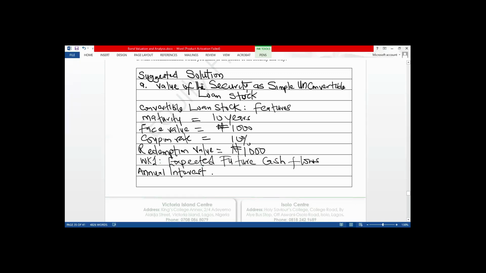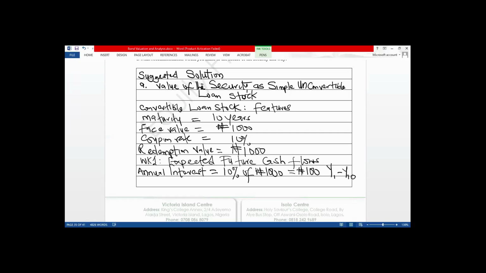Annual interest is equal to the coupon rate 10% of the face value, 1,000 naira. That will give us 100 naira. This bond is for 10 years. So the annual interest will be from year 1 to year 10. We are going to receive interest in year 1, interest in year 2, interest in year 3, up to year 10.